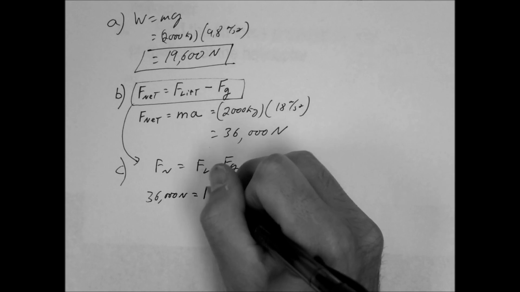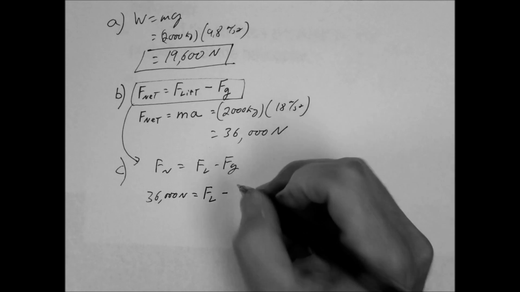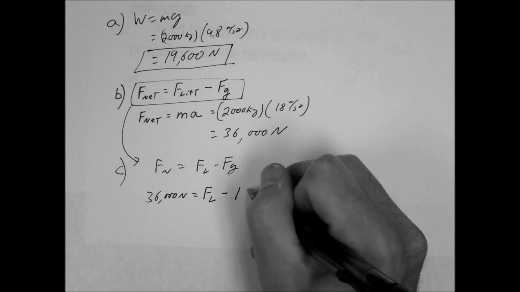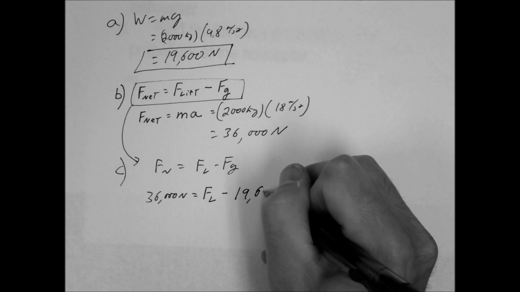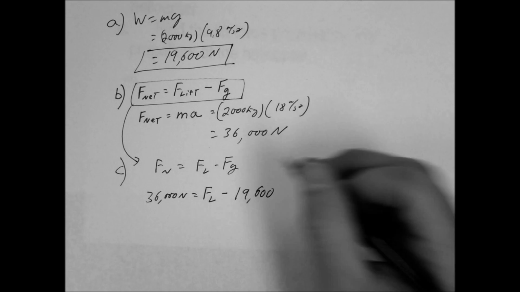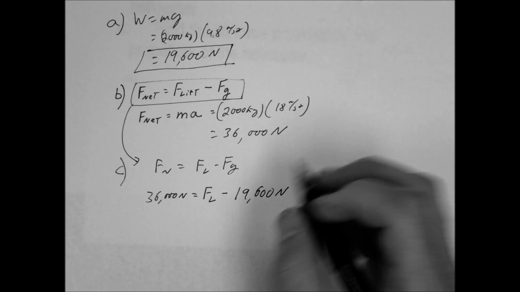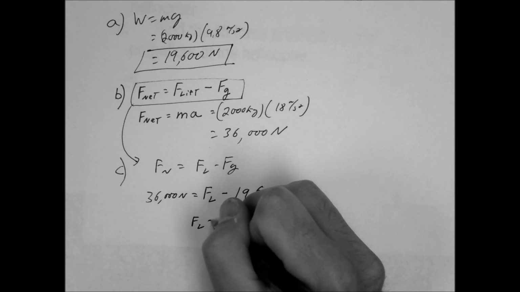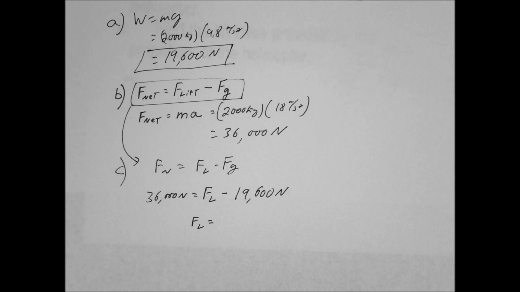Our lift force is unknown. Our gravitational force was 19.6. Remember, gravity and weight are the same thing. Force of gravity and weight are the same thing. And hopefully it confirms what we predicted in terms of the size. Should be greater than 36,000.